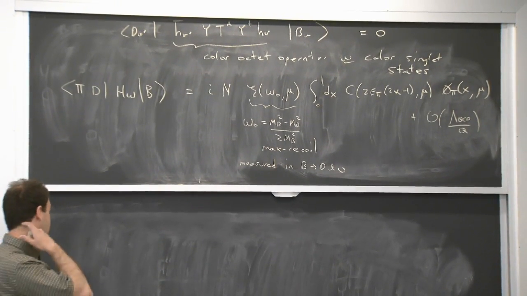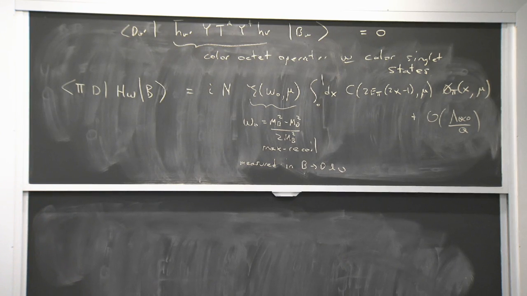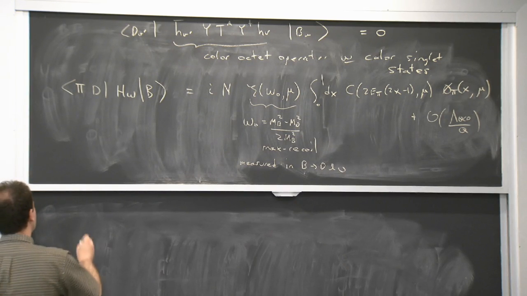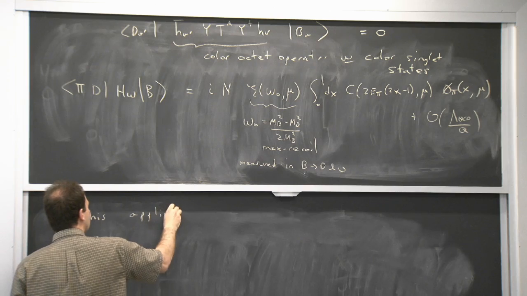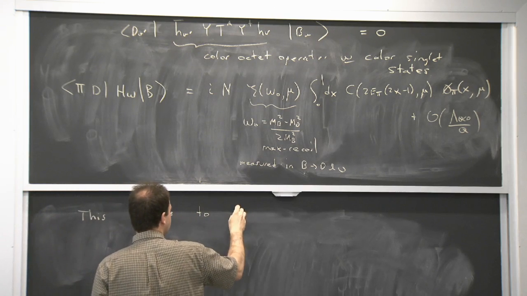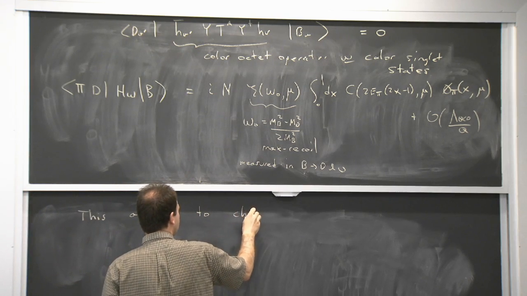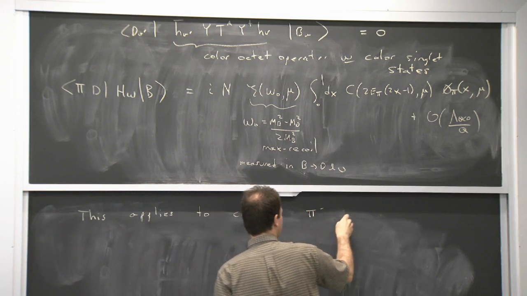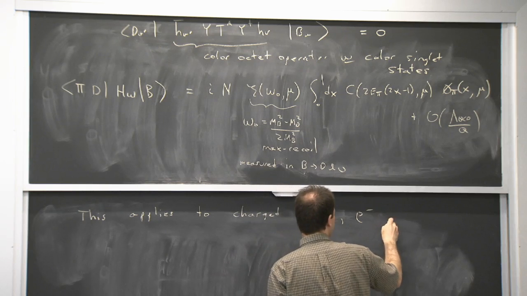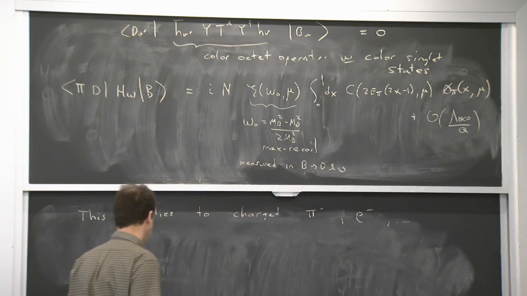Okay, so that gives you an example of how you would use these factorization theorems. This applies to this type of factorization that we've just talked about. It applies to a lot of different things with charged pi minuses, or you can make the pi minus a rho minus, and that wouldn't really change anything.